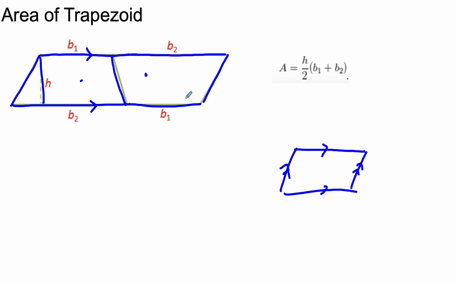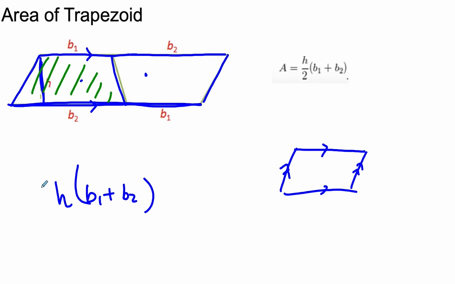You need to have base times height. So if we are thinking about this big parallelogram, which is double the trapezoid, we know that B1 plus B2 is the base. And then height is h. So base times h will be the area of this parallelogram. But our trapezoid is only 1/2 of that, right? So you can do 1/2 of that. That is the area of a trapezoid. Okay? So that's how you get the formula for that.